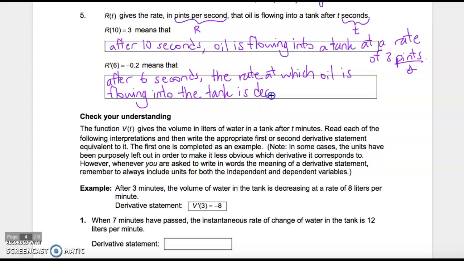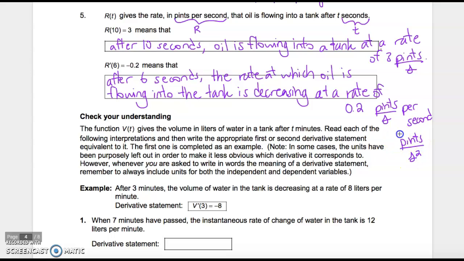We'd say decreasing at a rate of 0.2. And we'd have to do our dependent variable over our independent variable. So pints per second, say per second. Or, if you're feeling extra fancy, pints per second squared. Either of those would be acceptable.